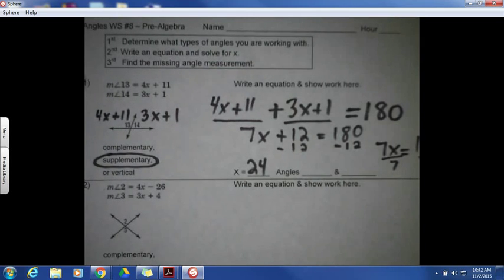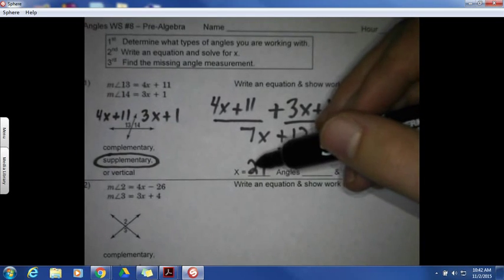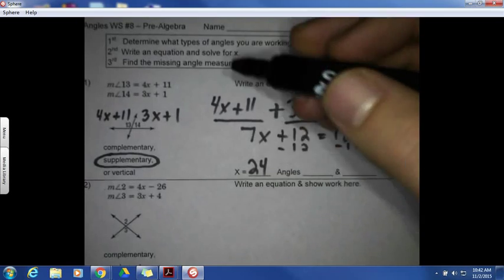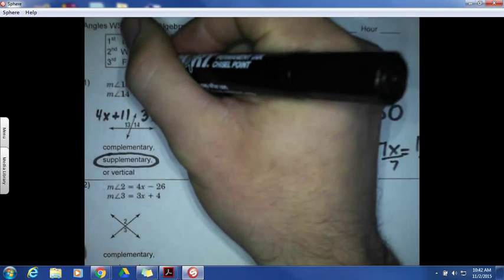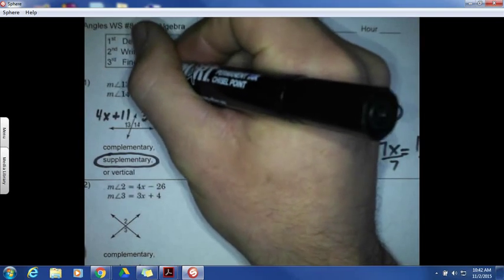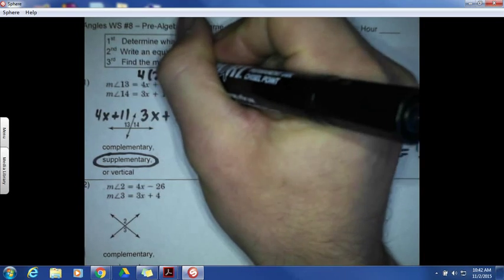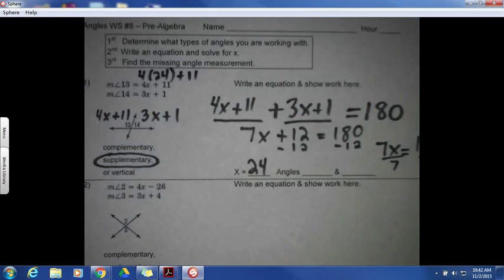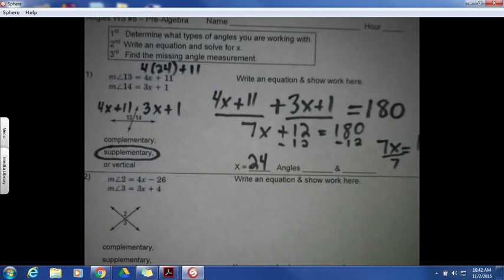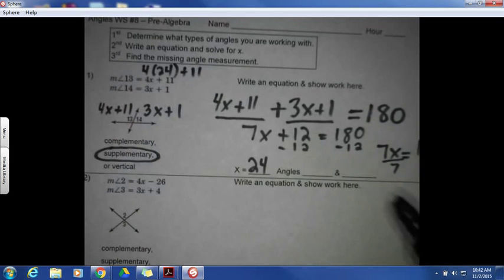So if angle 13 is 4x plus 11, to find that measurement, we're just going to put in 24 for x. So here we go. We're going to rewrite it up here: 4 times 24 plus 11. That's going to be the measure of angle 13. Again, we're just plugging in the x where the x goes.